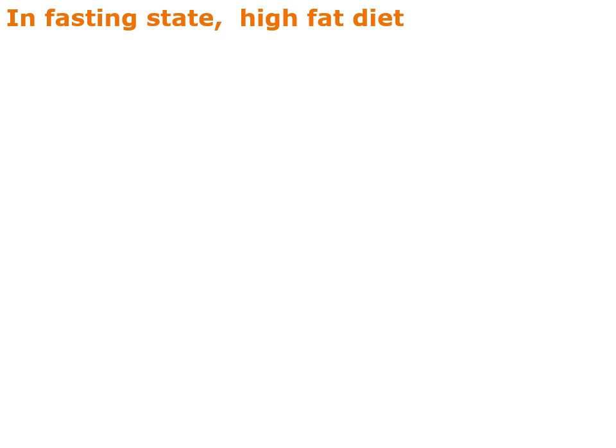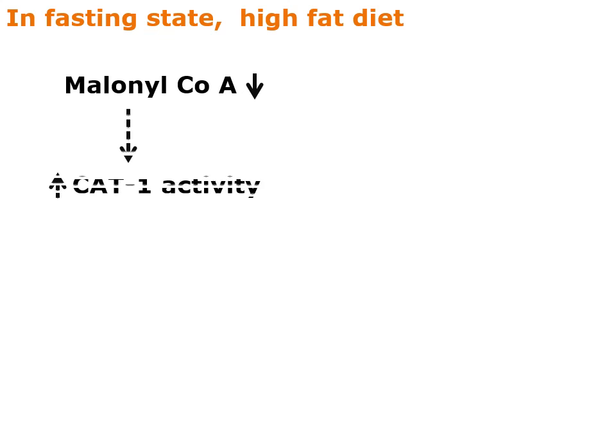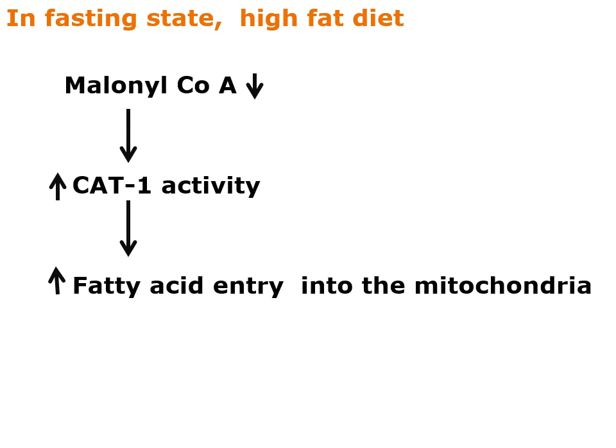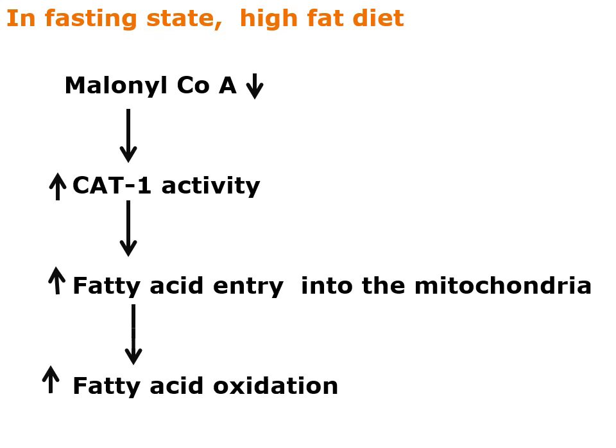Now in fasting state or high fat diet, what happens? The malonyl-CoA is less in fasting state, isn't it so? So what happens to the activity of CAT1? It increases. So more fatty acid enters the mitochondria, and there will be increased fatty acid oxidation.